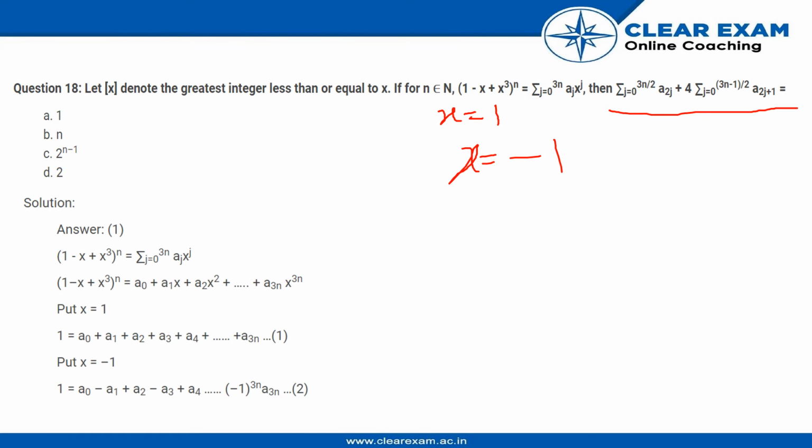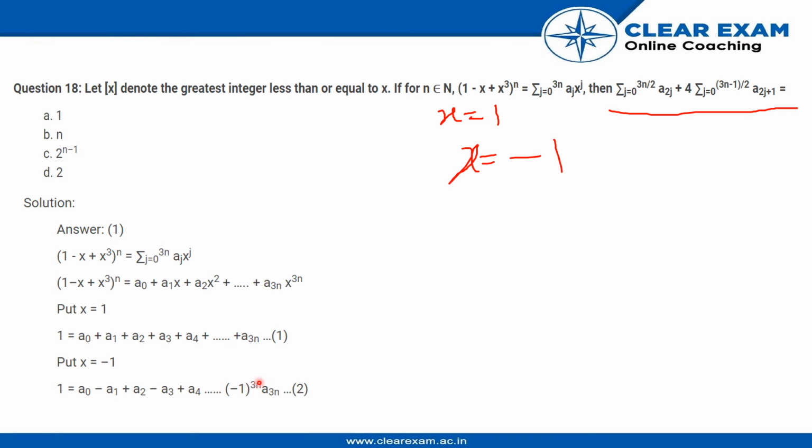So if we take these two cases, we have x equal to 1, and this is the summation expansion. If we put x equal to 1, we will have 1 equal to a naught plus and so on. As I said, all these terms are positive, and if I put x equal to minus 1, we can see that the even terms are positive and the odd terms are negative.